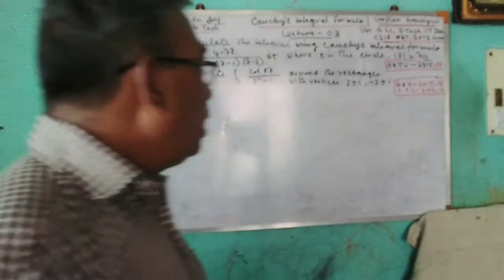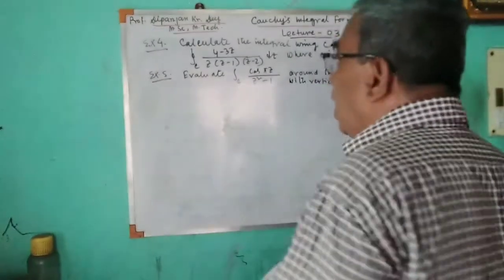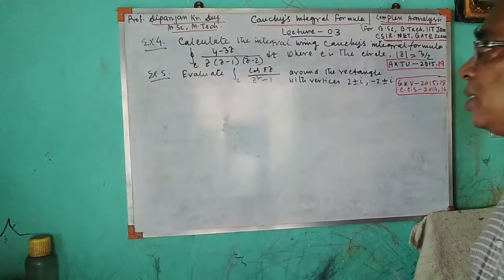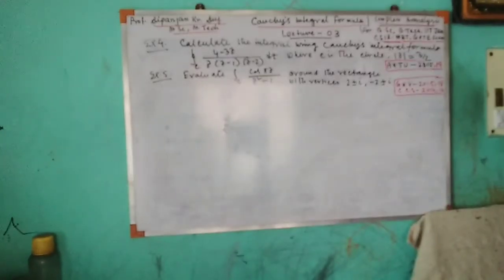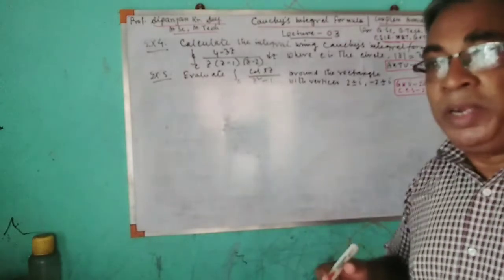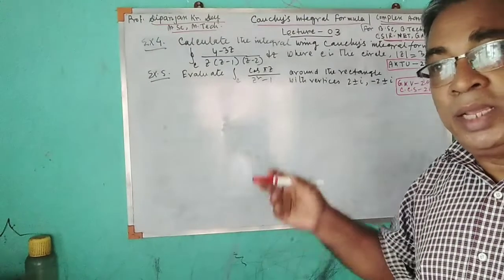So here you will see that in the earlier examples 1, 2, 3, all singular points lie inside the circle.